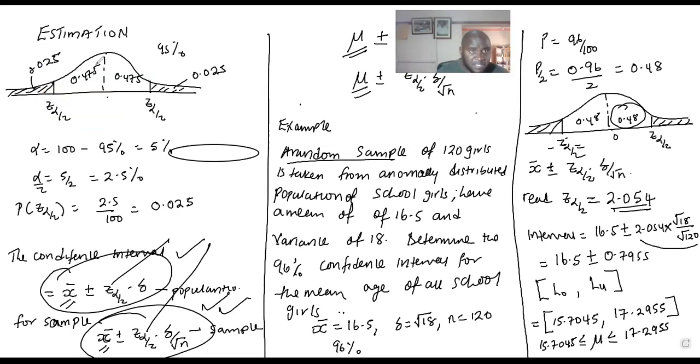Now, this one is a little bit interesting. It says a random sample of 100 items is taken from a normal population.